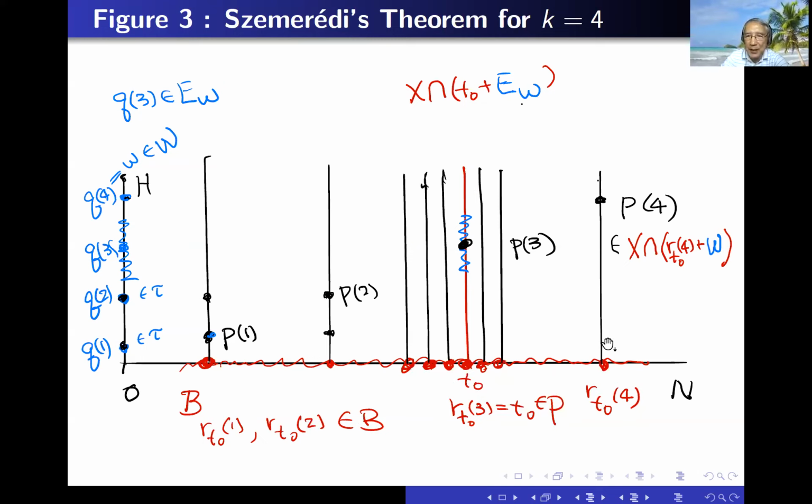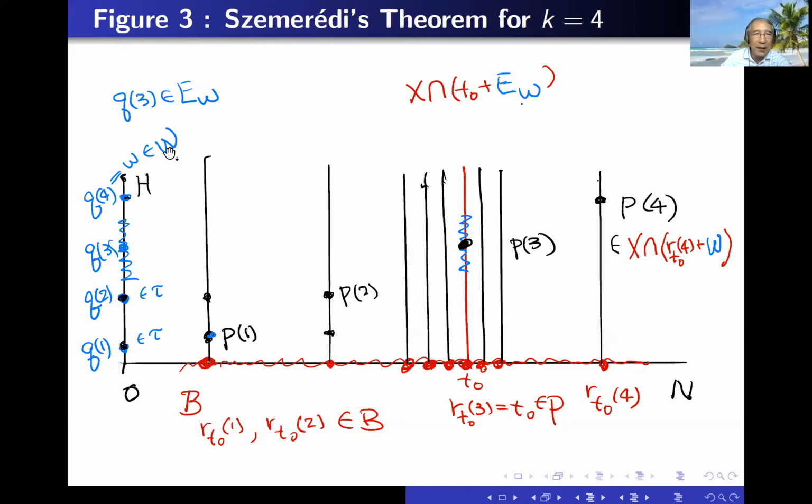Then I use Roth theorem's proof again on the H side. So I need Q4 equals W for W to have a measure 1 there in some interval. Then Q3 forms a set of positive measure, and Q2, Q1 belong to the same type, tau. Then when I lift using the mixing lemma, lift those W into the level at some T0 in the P, I mix them with X, okay?